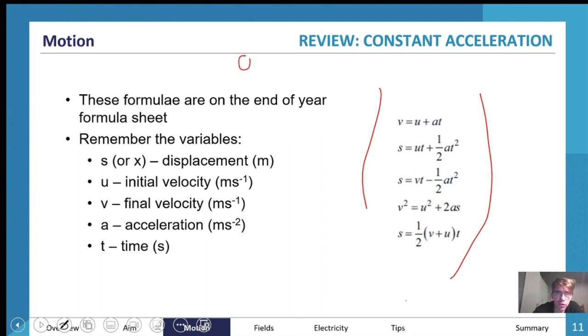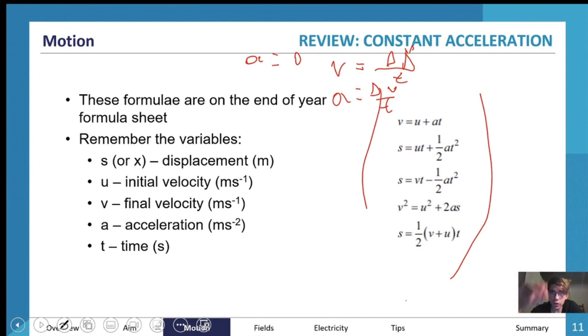Well, when acceleration is equal to 0, the only motion formula that you can actually use is velocity is equal to displacement over time. Because acceleration is equal to change in velocity over time. So you need to have a change in velocity for there to be acceleration. And if the rate of change in velocity is constant, then acceleration is constant.